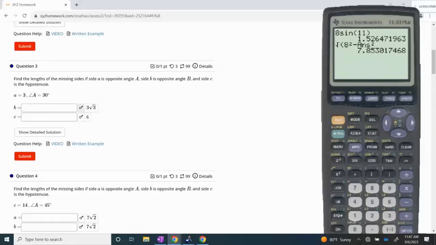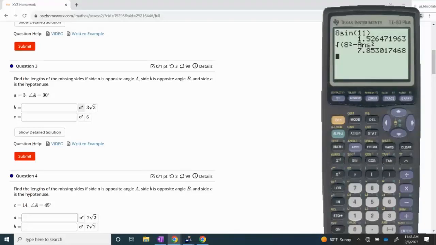So let's take a look at number 3. Also for number 3, they don't give us a triangle. They simply give us the dimensions, right? Side A is equal to 3, and angle A is 30 degrees. So let me write that down real quick.